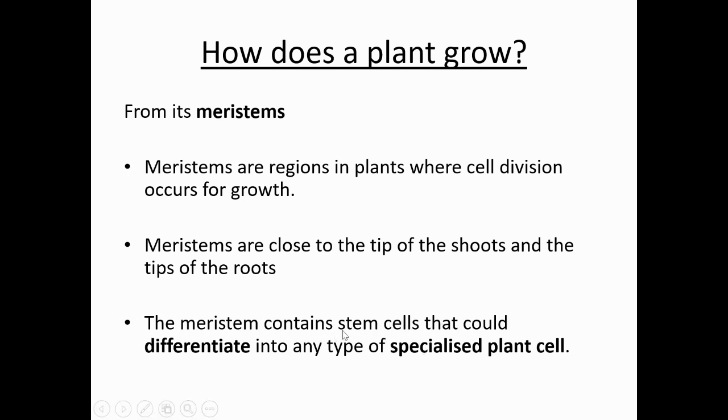Now, hopefully you remember that stem cells are what we call undifferentiated. This means that they don't have a job, they could turn into anything. They then differentiate, which means that they do get a job, they do become specialised as a specialised plant cell. So meristem contains stem cells that could differentiate into any type of specialised plant cell.